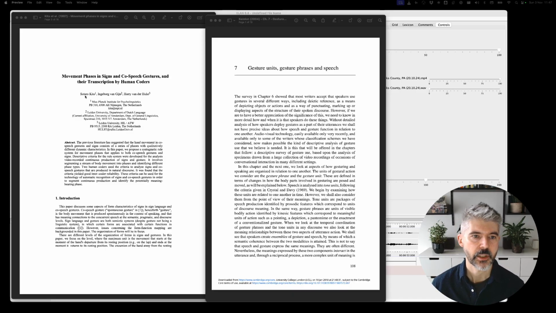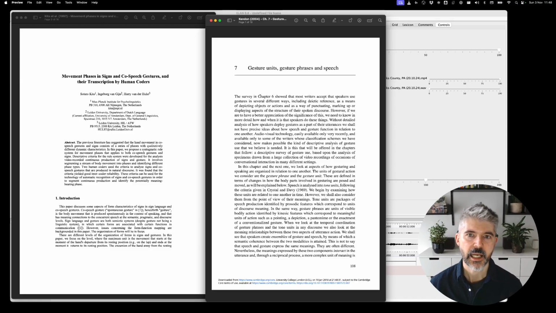In particular, there's a paper by Kita et al., which is open access and has very good information on the history of the concept as well as criteria used to identify the different phases. And of course, the concept dates back to early work by Adam Kendon in the 1970s. And in his 2004 book, he has a very good detailed discussion of gesture phases as well. So I'll put a link to both of these in the description below.